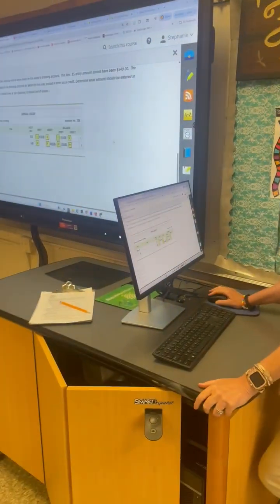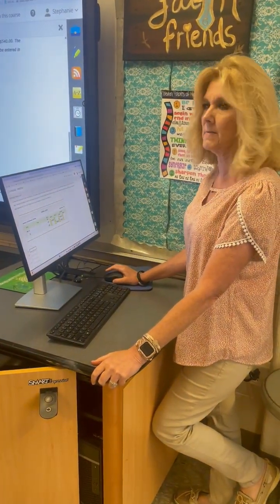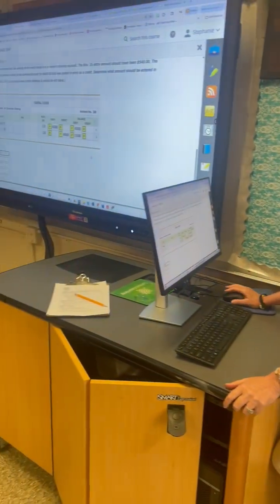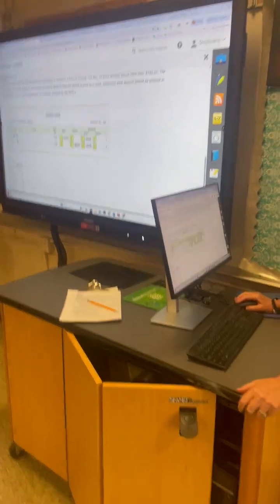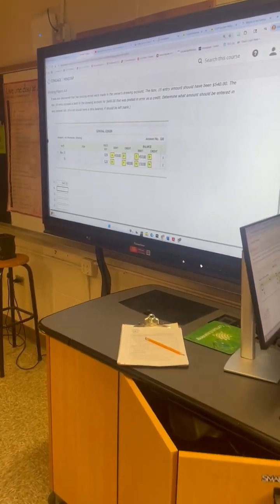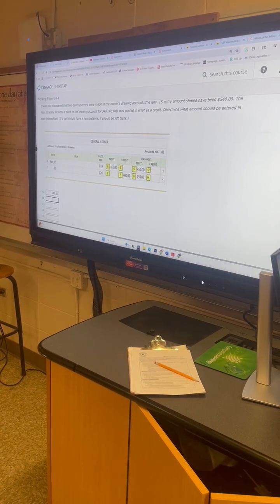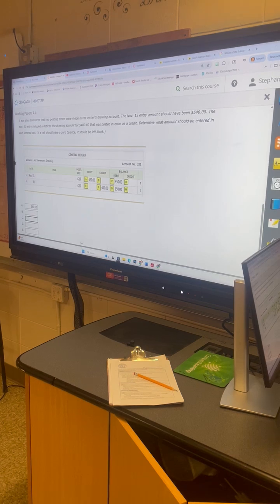So look at cell A. What should the amount for cell A have been? 540. Okay, 540. And then should B be blank? If it's going to be blank, it says leave it. If it's a 0, leave it blank, right? What should C be then? 540.